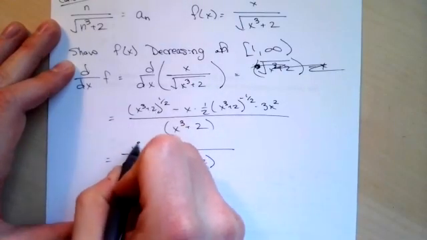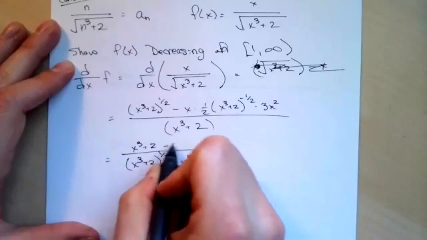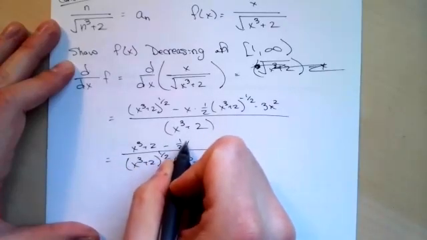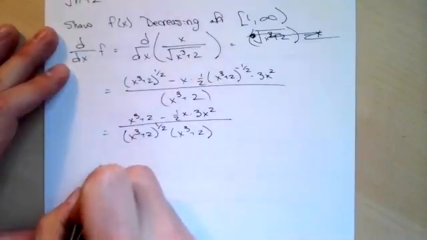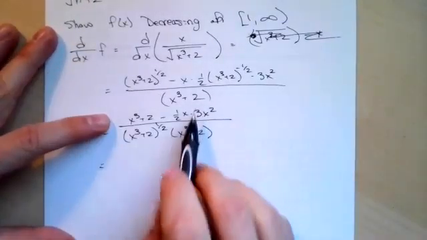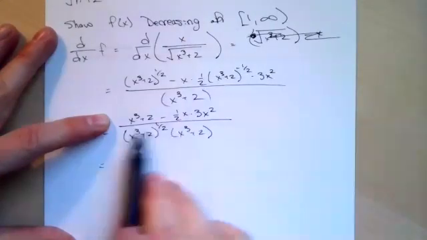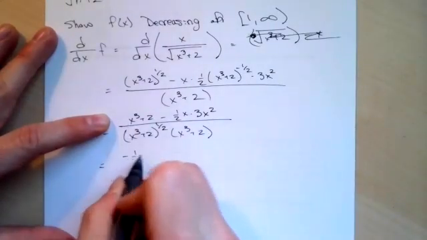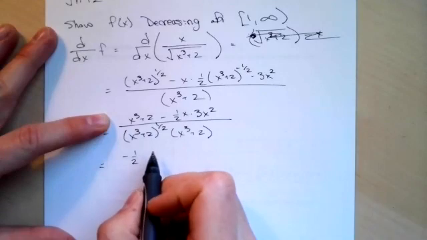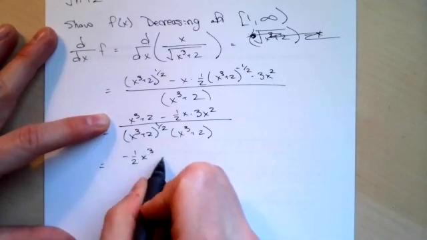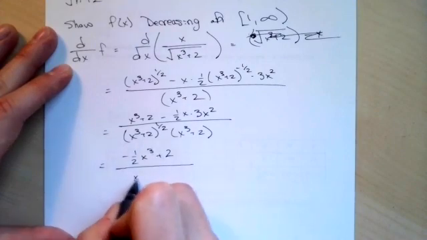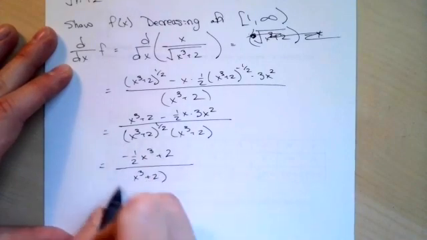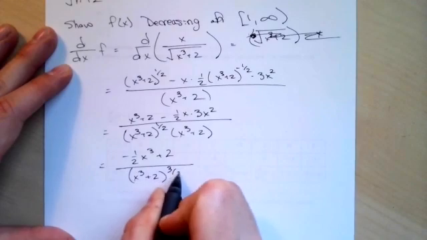That'll make it (x cubed plus 2) minus 1/2 x times 3x squared, and then overall, 3/2 x squared, that's going to give me minus 1/2 x cubed plus 2, over (x cubed plus 2) to the 3/2.